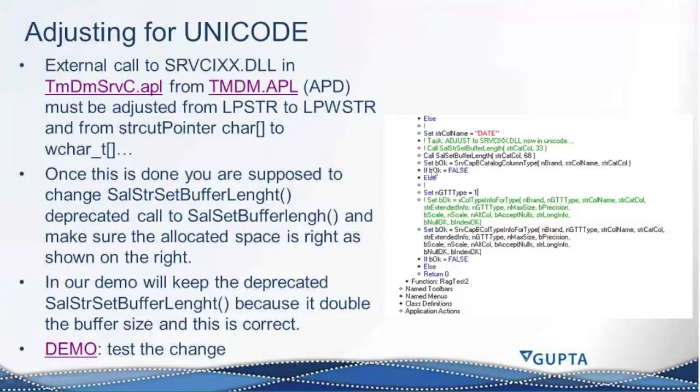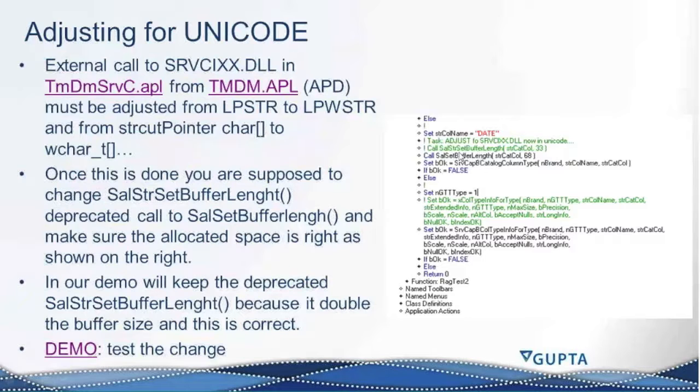As you can see, that's what you are supposed to do if you are receiving or setting a string. You have to change it to this function, and as you see, in the previous function, this deprecated function, SalSetBuffer, this function was actually doubling the size internally.